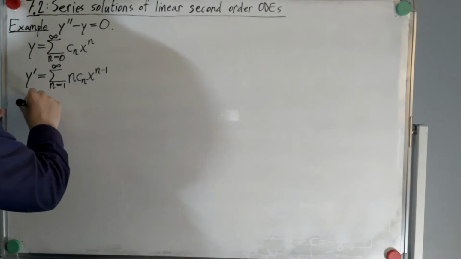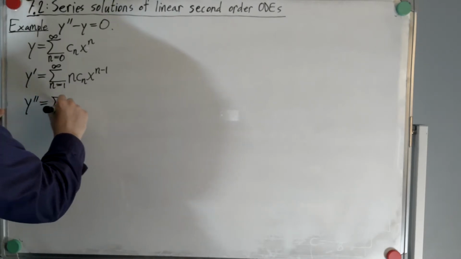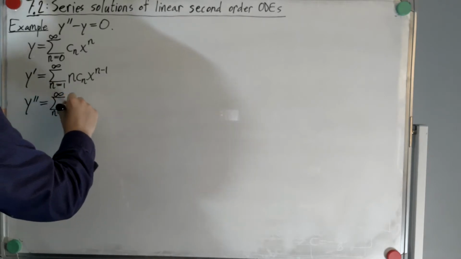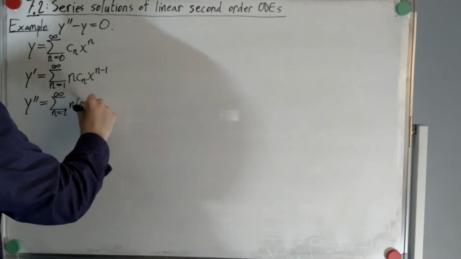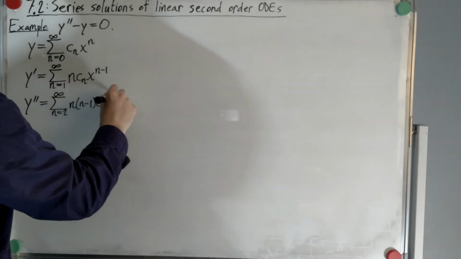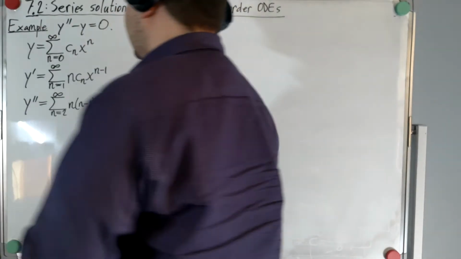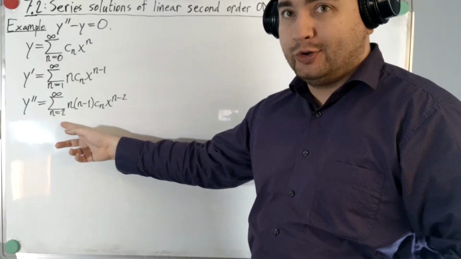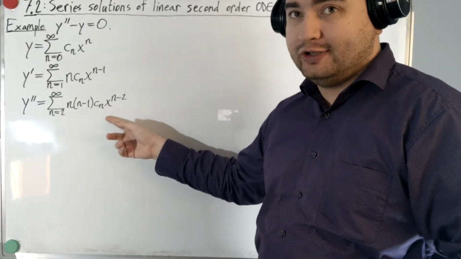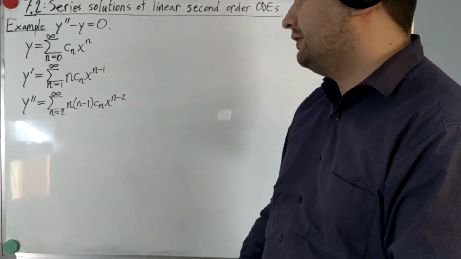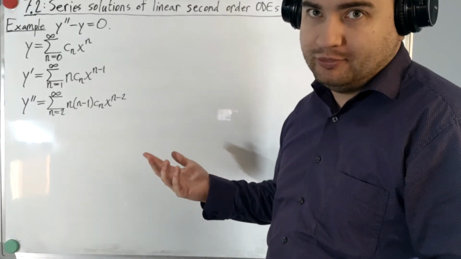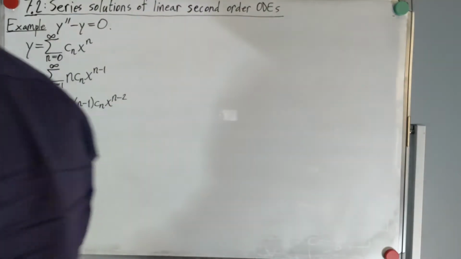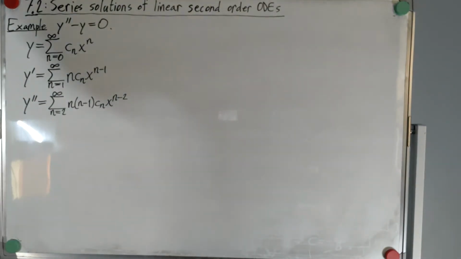And y'' is sum from n equals 2 to infinity, n(n minus 1) Cn x to the n minus 2. And again, it's n equals 2 to infinity because when n is 0 or 1, this whole thing is just 0. So it makes no difference whether you put n equals 0 or n equals 2. Okay?